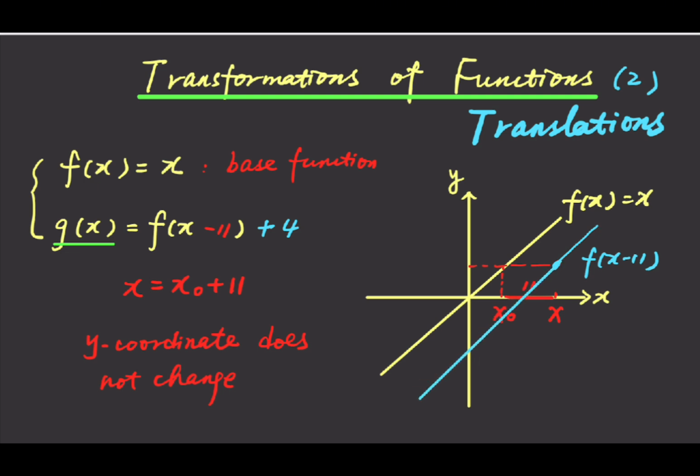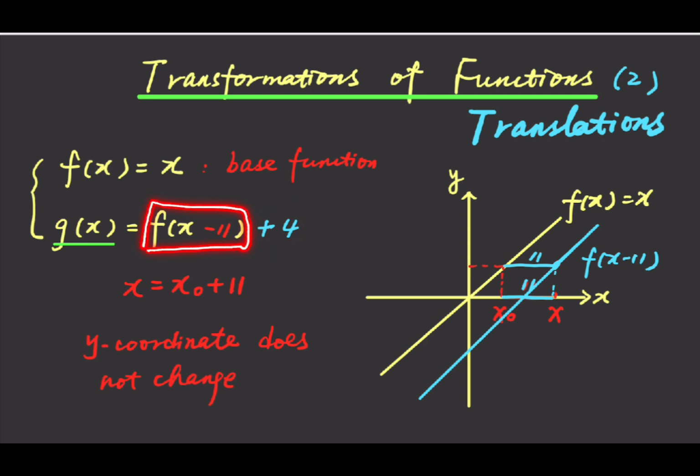That is to say, we need to translate this function to the right side by 11. Here, also 11. Okay, after you have got this graph representing this function, if you want to figure out this function's graph, you just need to add 4 on the basis of the value.